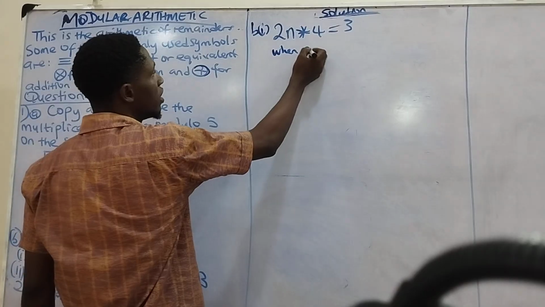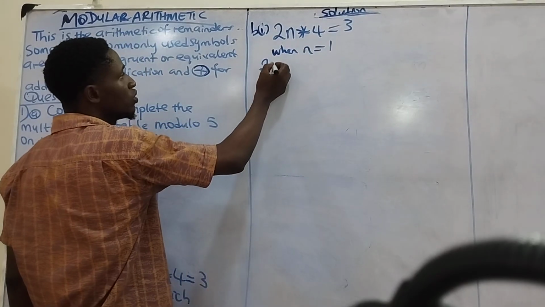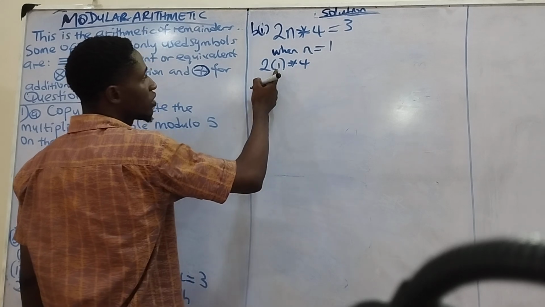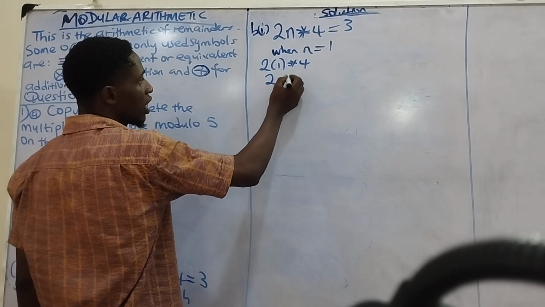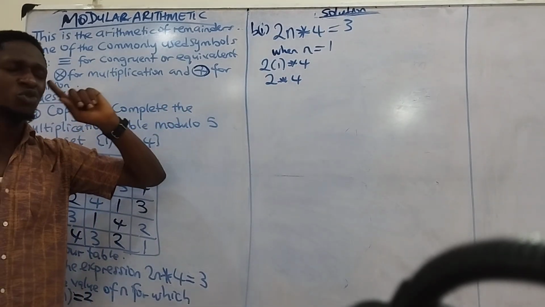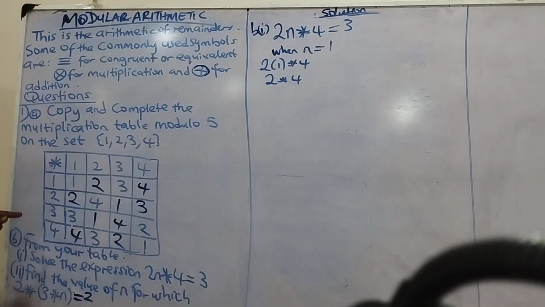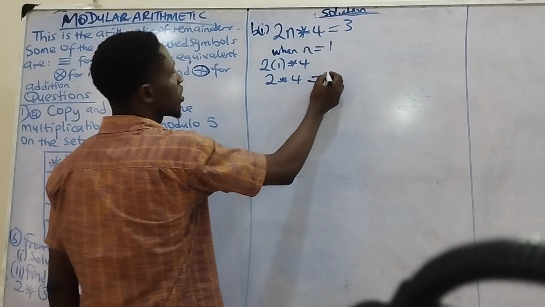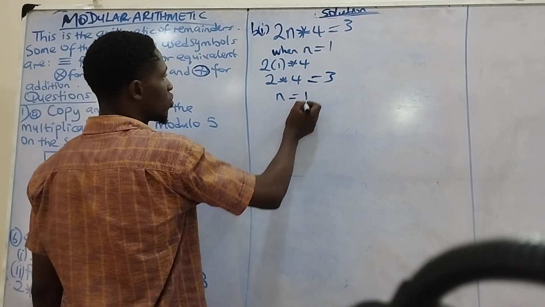When n is equal to 1, this is like 2 times 1, times 4. 2 times 1 is 2, times 4. No need to compute, just go to the table. 2 times 4 gives us 3, which is equal to 3. So our n is 1.